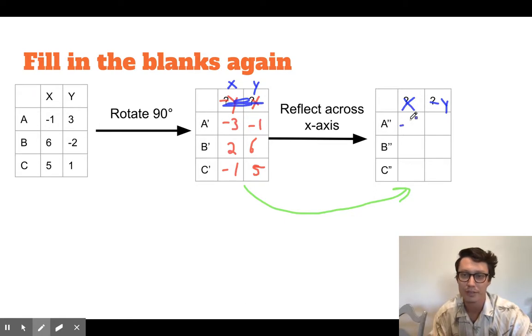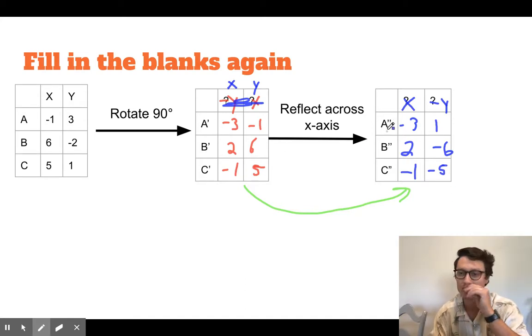So -3 stays -3, +2 stays +2, -1 stays -1. Our y values change sign. -1 becomes +1, +6 becomes -6, +5 becomes -5. Okay, and that would be triangle A double prime, B double prime, C double prime.